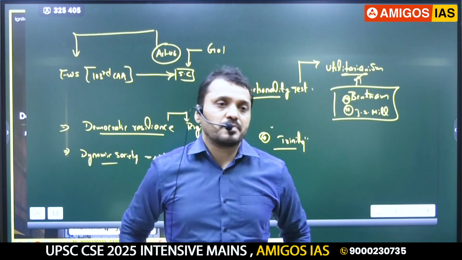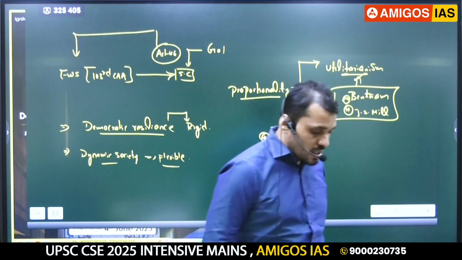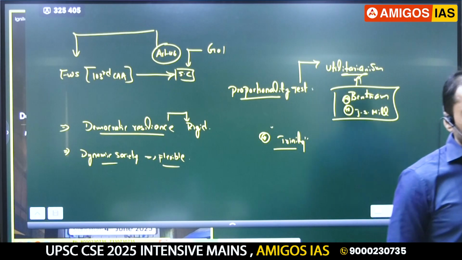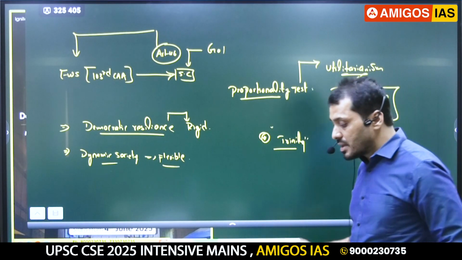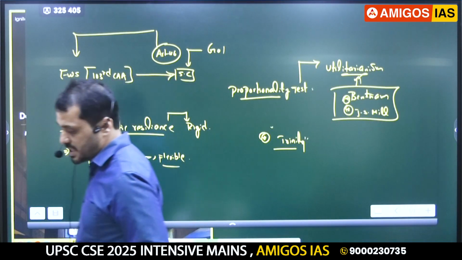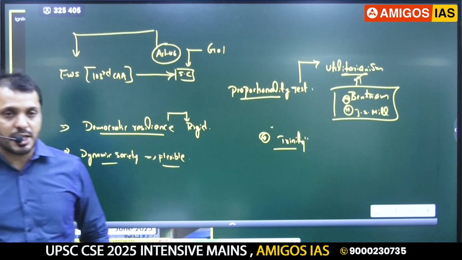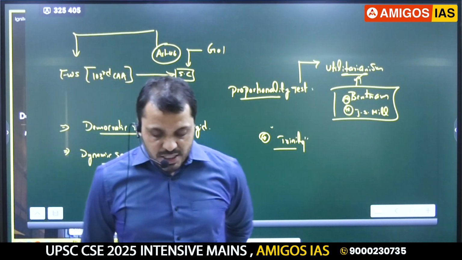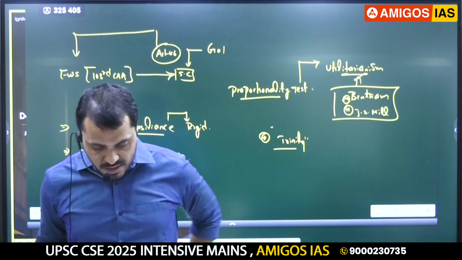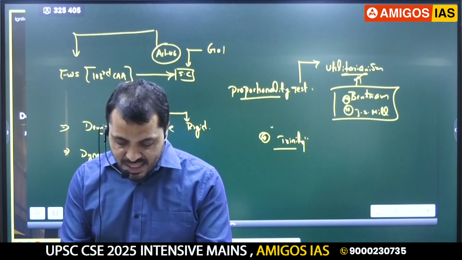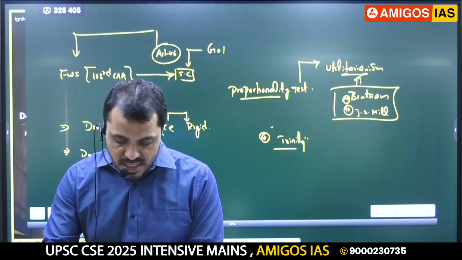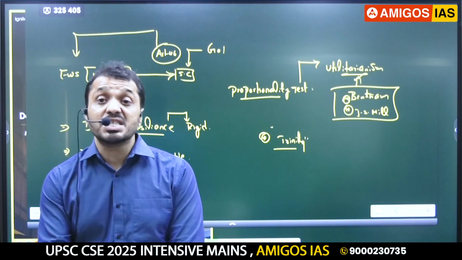Reservation in employment, even though it is for social justice, will be provided as long as the particular population is not adequately represented. With respect to adequate representation, you can quote the M. Nagaraj case as well as the Jarnail Singh case. Because while giving reservation and promoting social justice, you have to protect efficiency also.